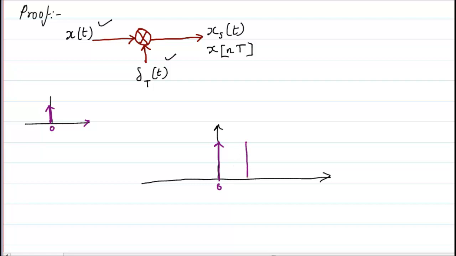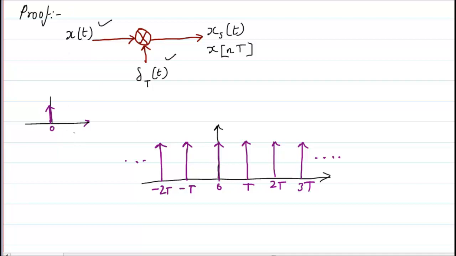The next is at some capital T, and the next one is at 2T, then 3T, 4T, 5T, 6T, and it will keep on going. Similarly, in the negative direction you will have them at minus T, minus 2T, and it will keep on going. So this is a train of delta signals.